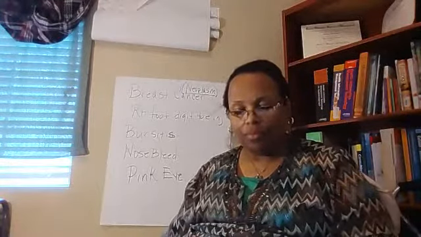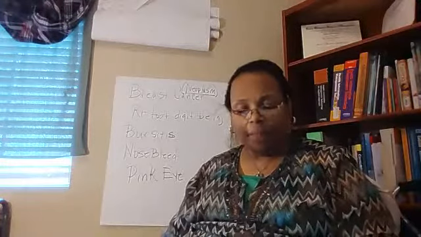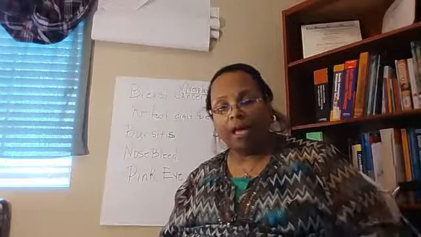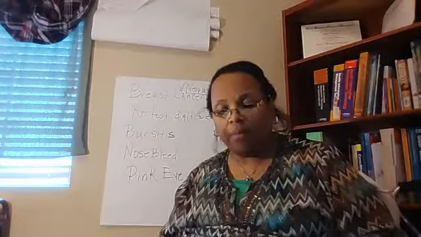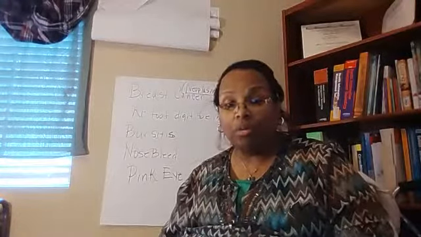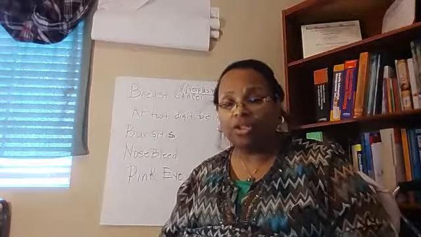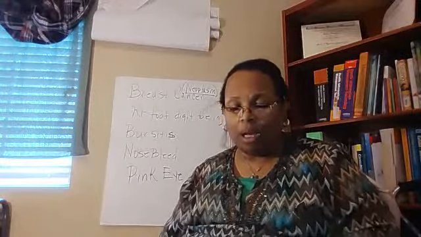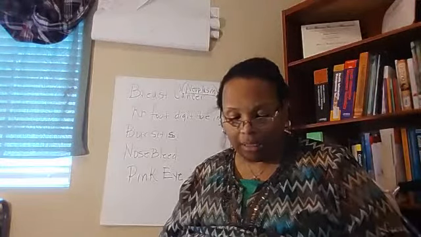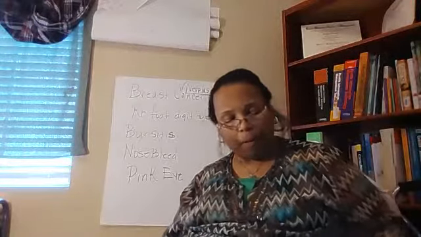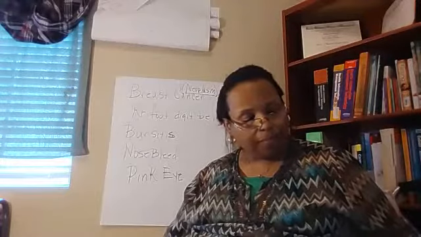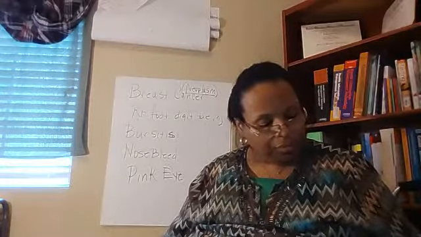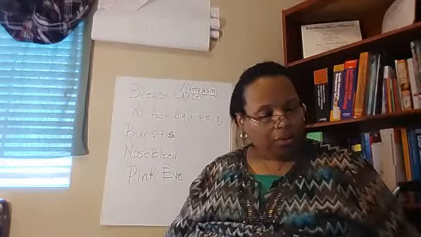Okay, we'll start with the first one. Breast cancer, neoplasm. You're under the condition neoplasm. Neoplasm means cancer. Now you have to find the word breast. So I'm going to go to my index and notice that it's not there.